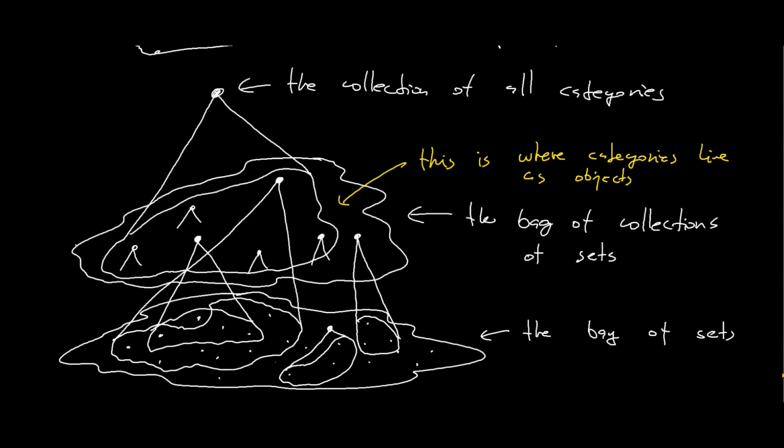I have a rather naive question. I assume that there will then be an analog of Russell's paradox, but for categories. Yeah, so I mean, we don't really need an analog because already you can think of a set as a category where there are no morphisms apart from identity morphisms.